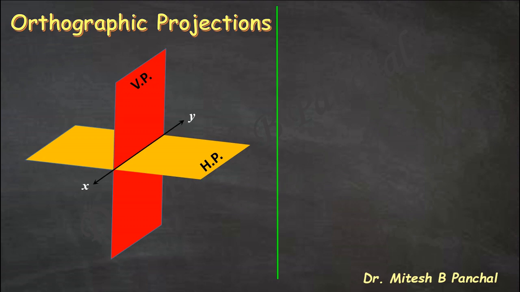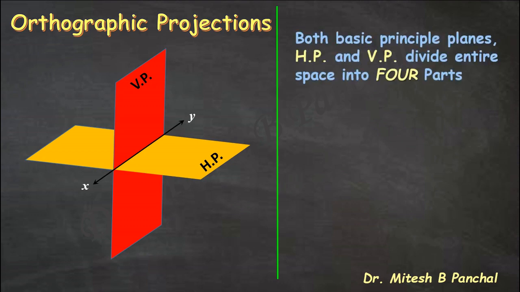Now if you look at this figure, HP and VP divide the entire space into four parts.